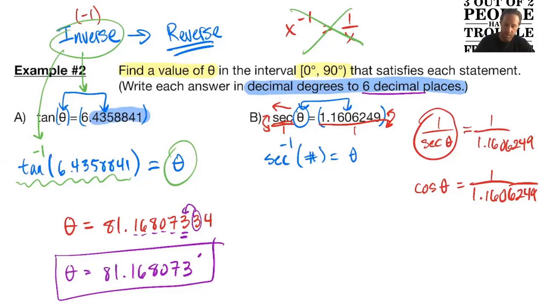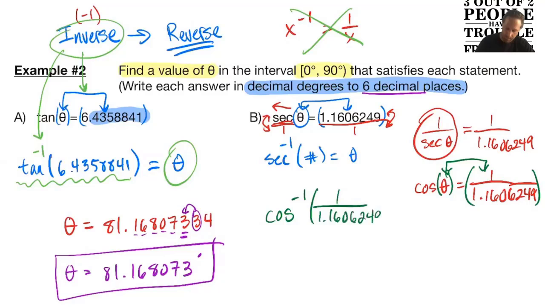So remember, when you're trying to find the angle, you have to do the inverse, which means we will have to go ahead and take this input and output and reverse their order by doing a little thing called the inverse of 1 over 1.160629. And that will then equal my theta. So that's what I'll have to go and punch into my calculator.